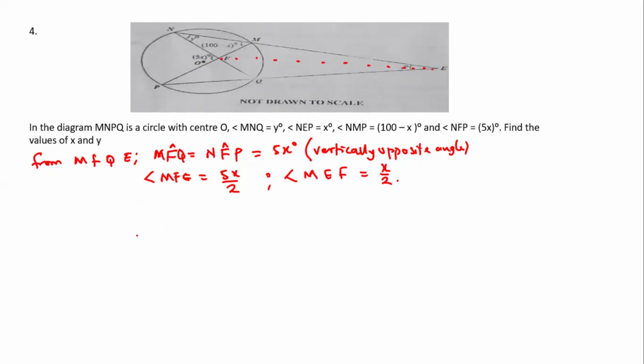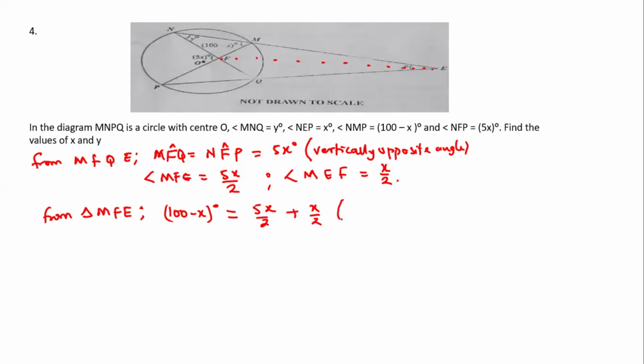So therefore, we can say that in triangle MFE, 100 minus x degrees is equal to 5x over 2 plus x over 2.